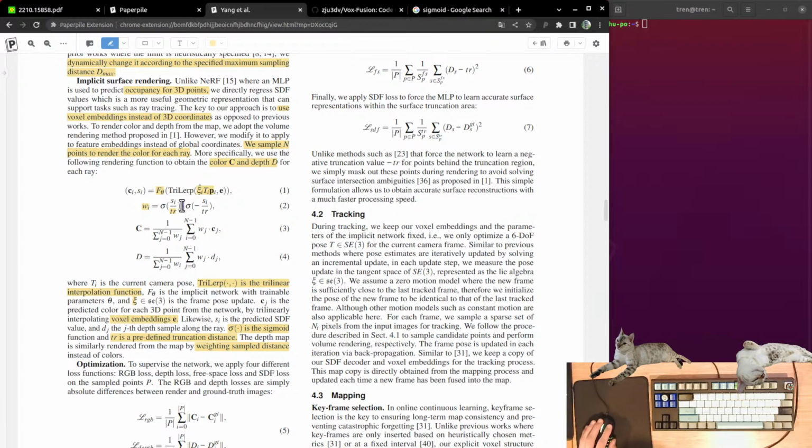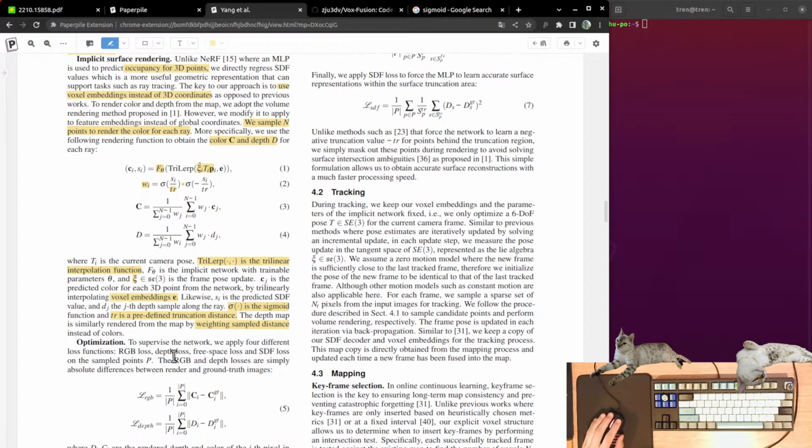I don't know what this dot product here means. If you have 1.0 times 0.00001, is it better than 0.5 times 0.5? Difficult to say. But either way, this is how you get the color and the depth for each ray, which basically means for each pixel at a given camera pose.